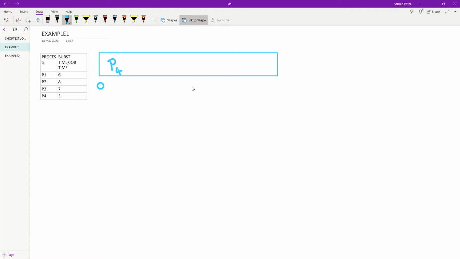It requires 3 milliseconds, so it completes its execution up to the 3 millisecond mark. This is a non-preemptive approach, so no other process can enter the CPU, even if one comes next with a smaller job time.